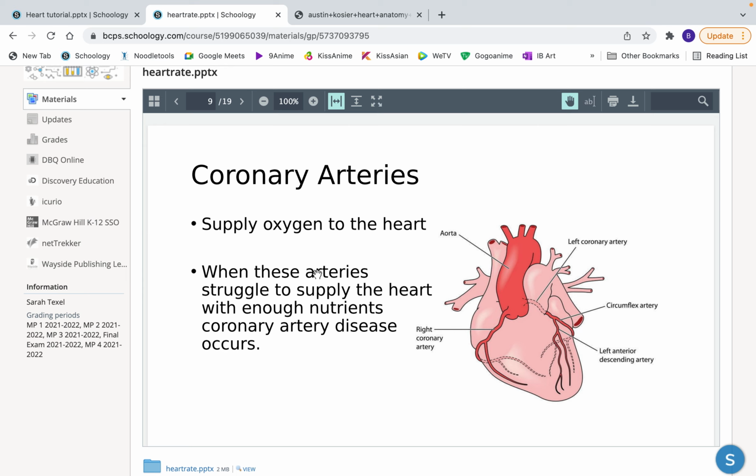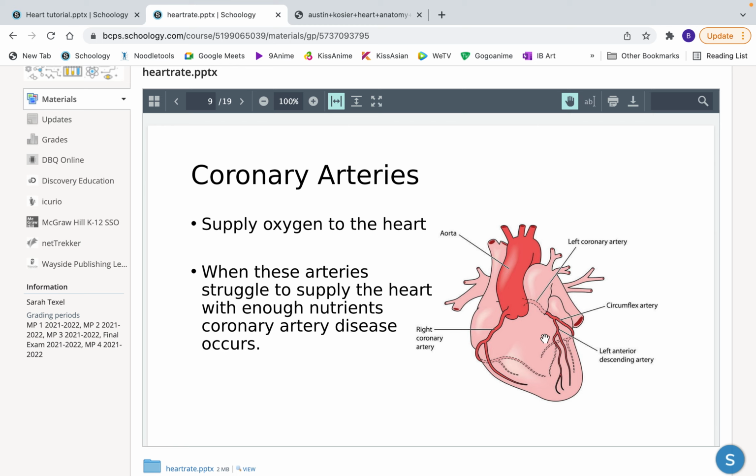So the coronary arteries are going to be what we see here. They're going to be on the outside of the heart, smaller. We know the drill. When we did a dissection of a sheep heart, we were able to see that the coronary arteries were kind of like surrounded by fat because they're going to be the ones supplying oxygen, nutrients, minerals, all the good stuff. They're the ones supplying it to the heart.